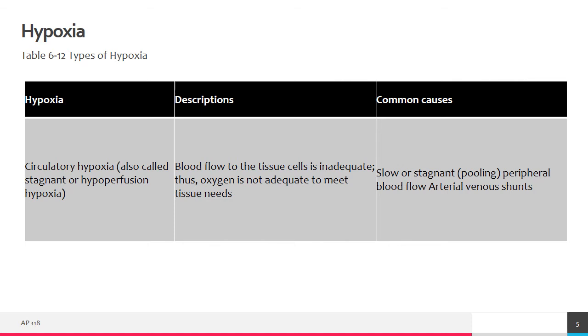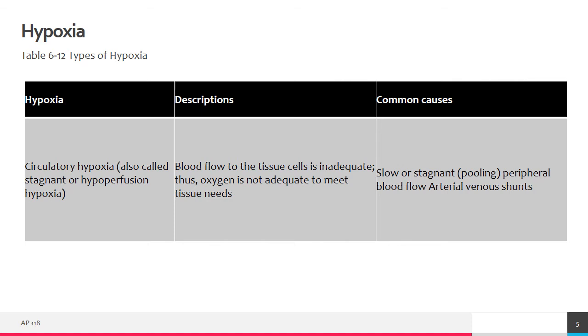So that's stagnant. But let's talk about when arterial blood completely bypasses the tissues and moves into the venous system. An arterial venous shunt is said to exist. This condition can cause tissue hypoxia because arterial blood is prevented from delivering oxygen to the tissue cells.